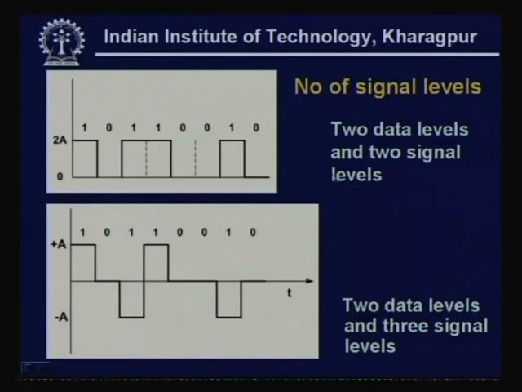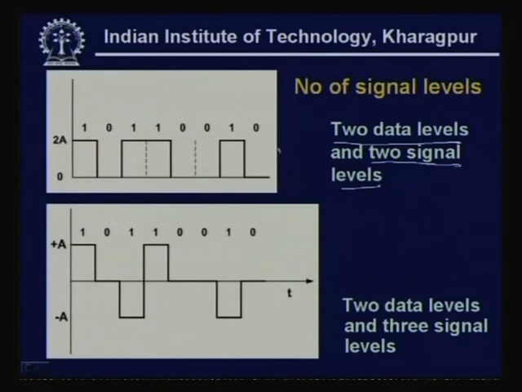For example, here your data has 2 levels, 0 and 1, and the signal also has 2 levels: one is 0 volt, one is 2A volt, that means 2A is the amplitude and 0 is the amplitude. So, here 2 data levels and 2 signal levels.